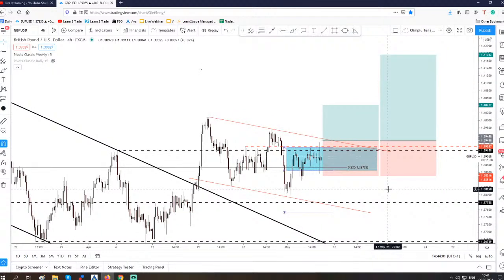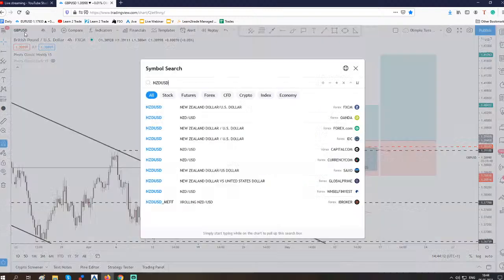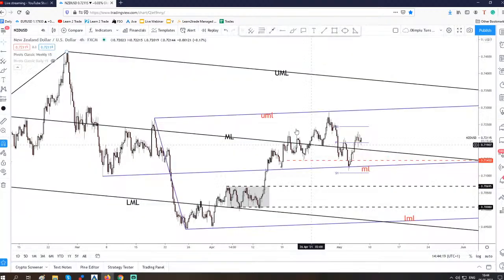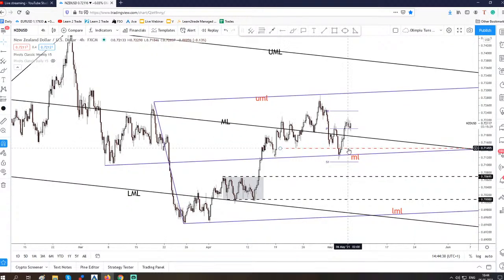Have you looked on New Zealand dollar versus the US dollar? No. Let's take a quick look. On the New Zealand dollar, I believe it's bullish. After the price has decreased, you already know that we had a short position here. Our short position was closed at break even.